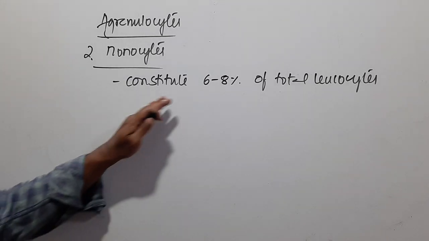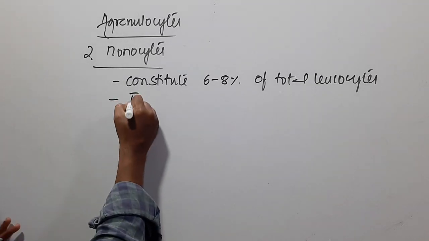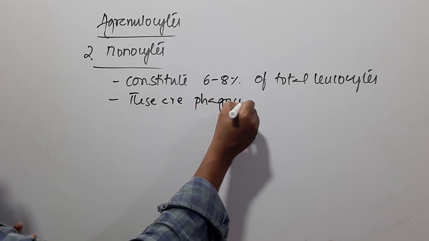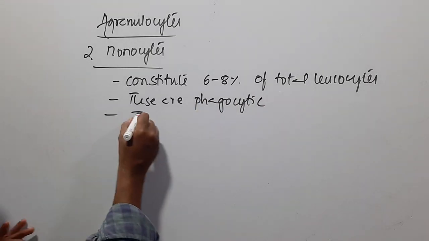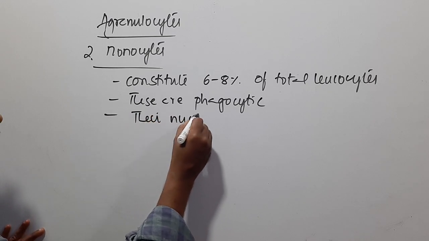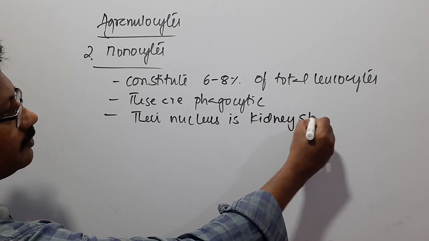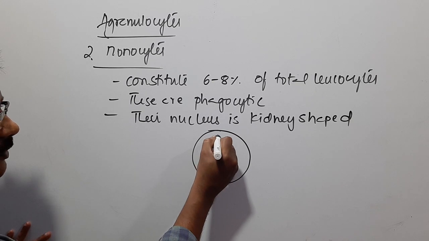So they constitute 6 to 8% of total leukocytes. These are phagocytic, so just like those neutrophils, these cells are also phagocytic, and their nucleus is kidney shaped.